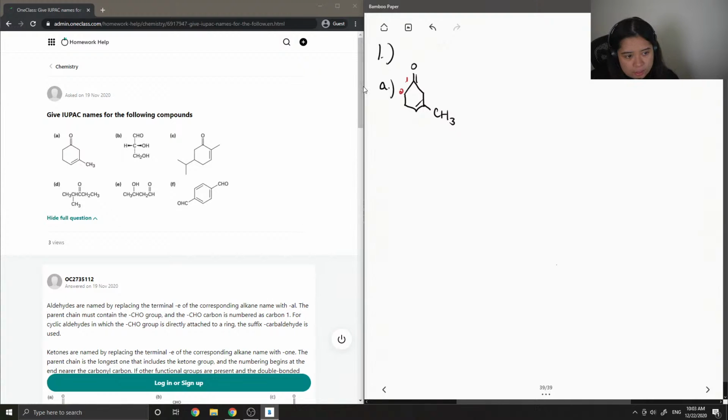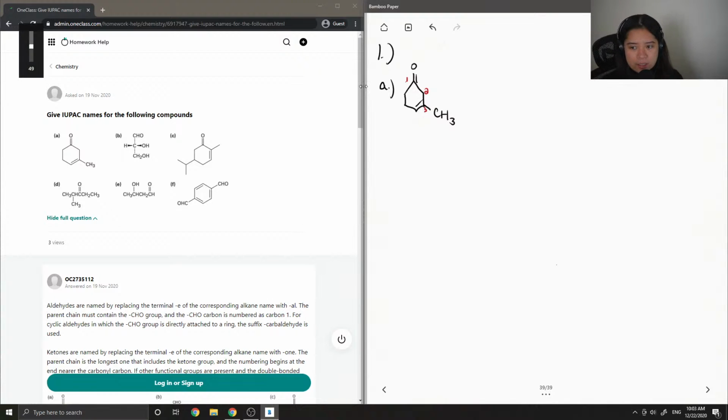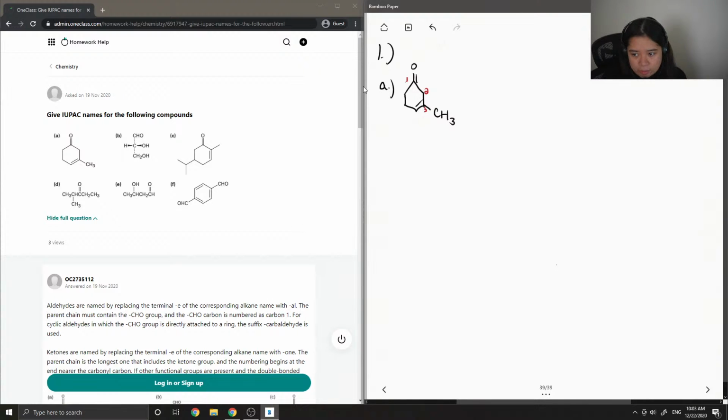In this case, I'm going to be numbering clockwise, since our double bond and our methyl group are on carbon 3, and we want to make sure we have the least amount of numbers in our final name. So instead of going counterclockwise, I'll go clockwise so that it's only on carbon 3 instead of carbon 1, 2, 3, 5.